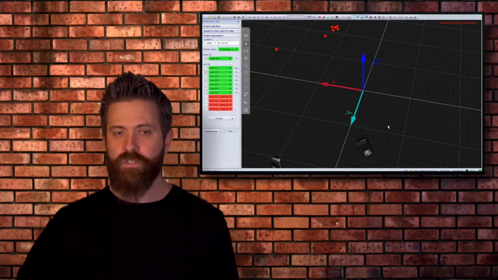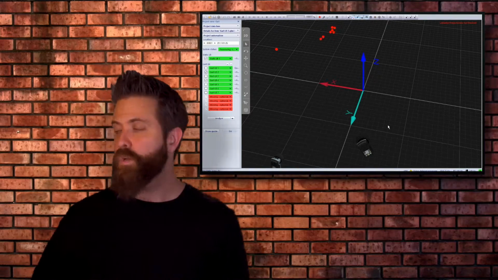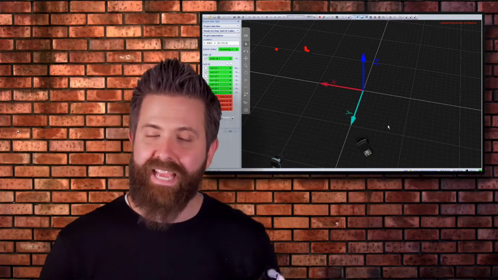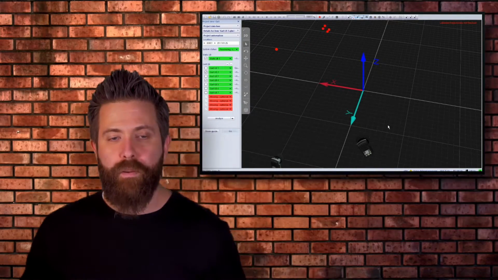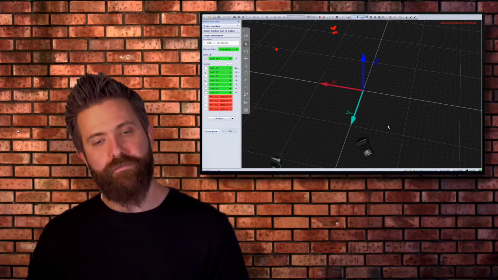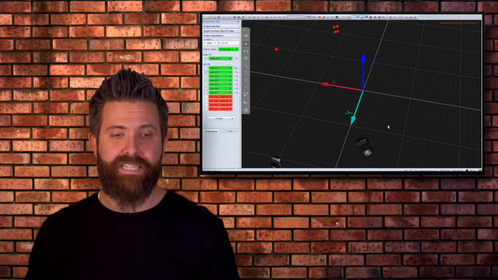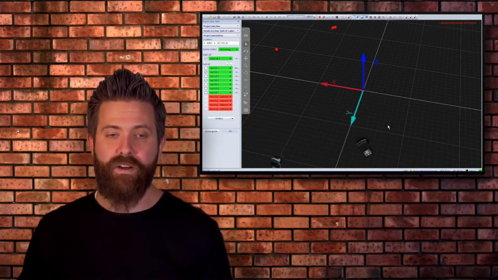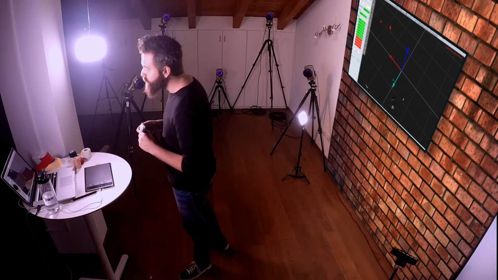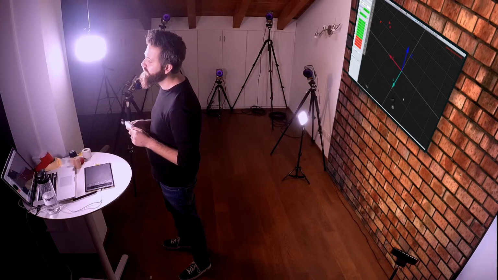Why would you see these extra markers? Well, this has to do with the cameras being out of calibration now, because they think they're in one location when in fact they're in a different location, resulting in that extra marker being identified. And it's kind of moving around. It also takes away from the reliability of your data.